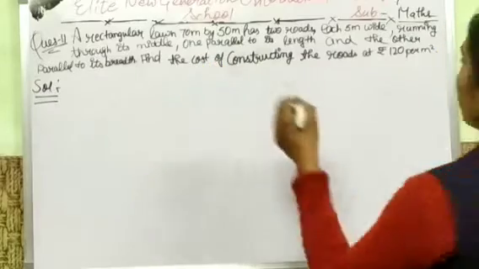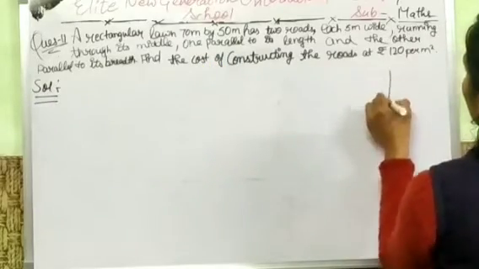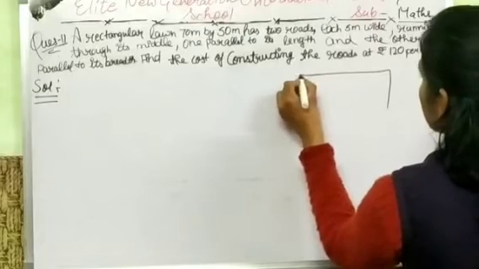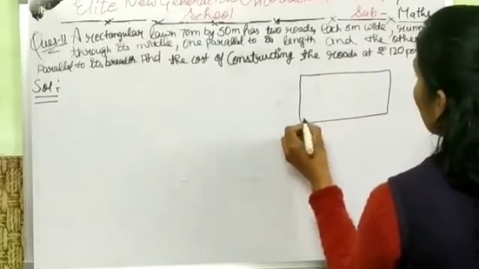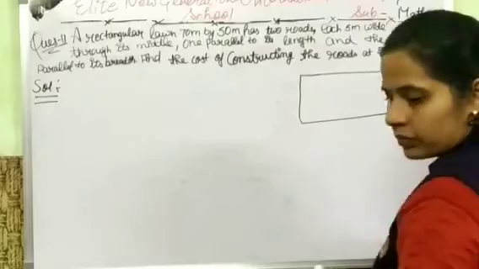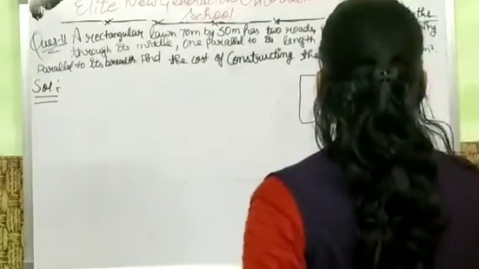So in that question, the rectangular lawn is here and the dimensions are 70 meter and 50 meter.